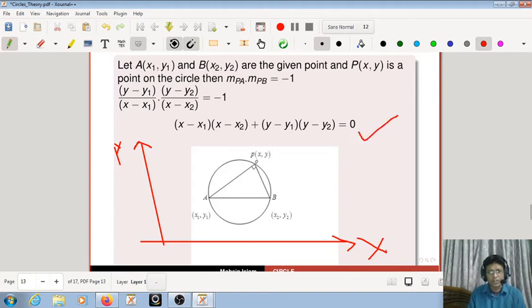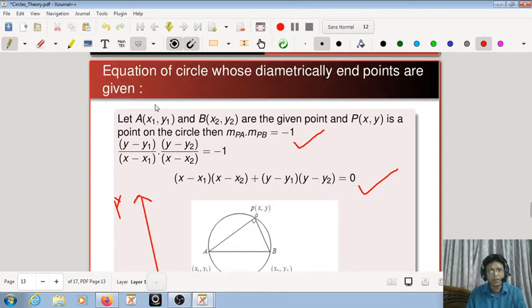So this is the equation, and you can use this result. If you don't remember the result, you can use the fact that the angle in a semicircle is 90 degrees, and from that you can get the equation of the circle whose diametric endpoints are given. So this is a very beautiful result for circles.